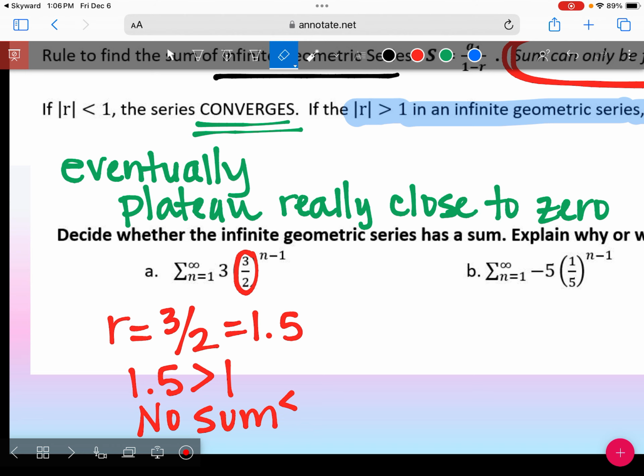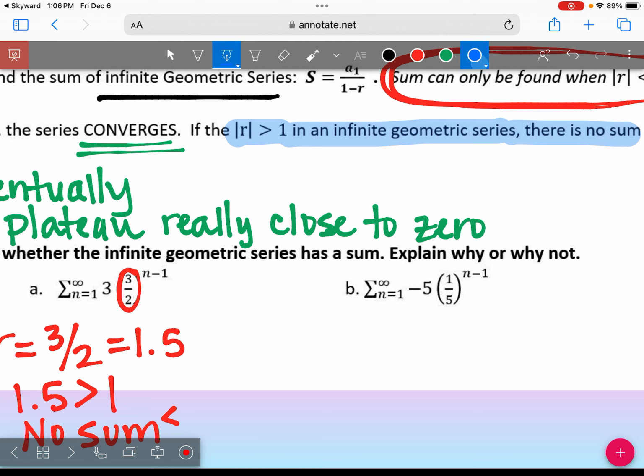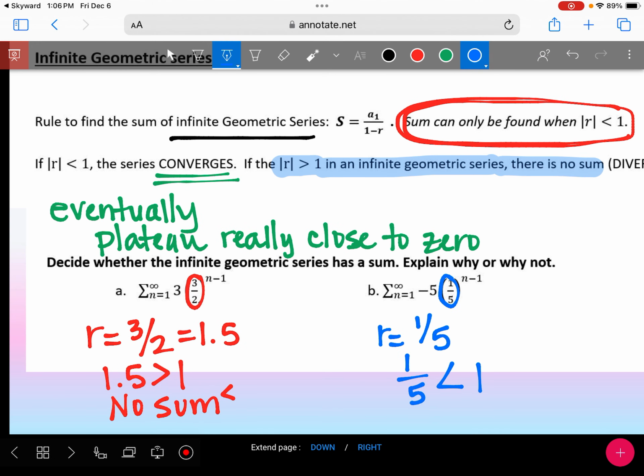When we look at B, though, the r value is 1 over 5, and 1 over 5 is less than 1. So here is the last formula that you have to know for the test. And I also wrote it here at the top. It's kind of small right here, though. This is your last formula. This is only if it's an infinite series.